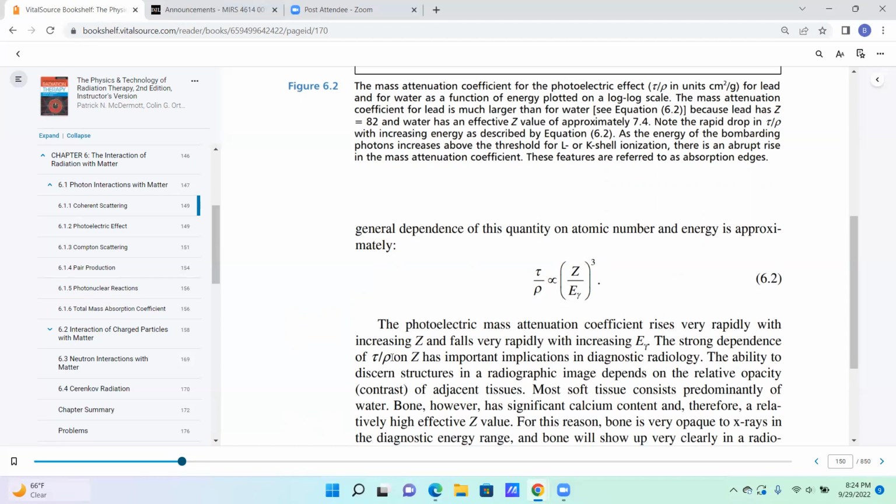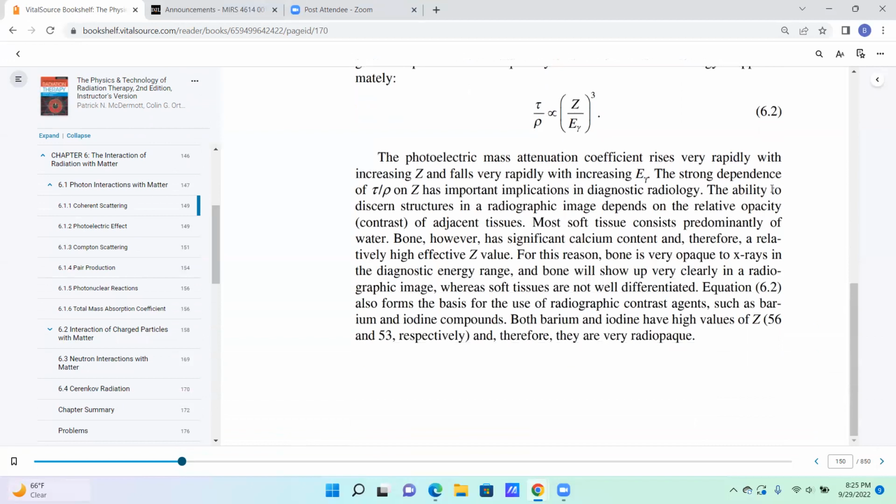And the strong dependence on Z has important implications in diagnostic radiology. The ability to discern structures in a radiograph depends on the relative opacity or contrast of the adjacent tissues. Most soft tissue consists predominantly of water, but bone has a lot of calcium and therefore has a relatively higher effective Z value than water.